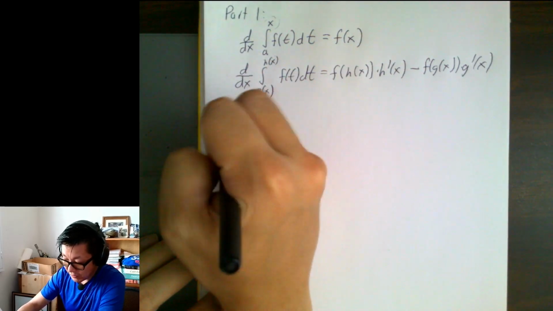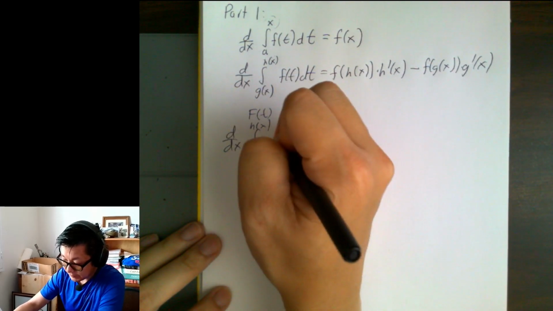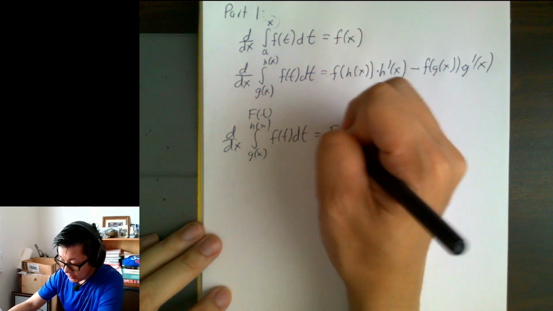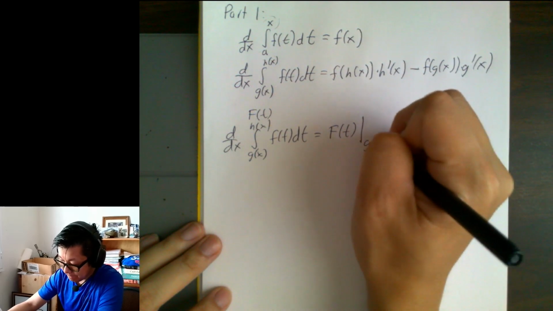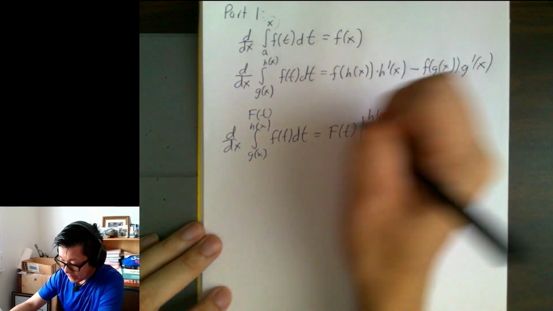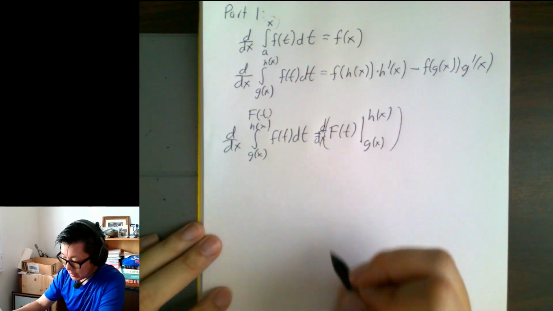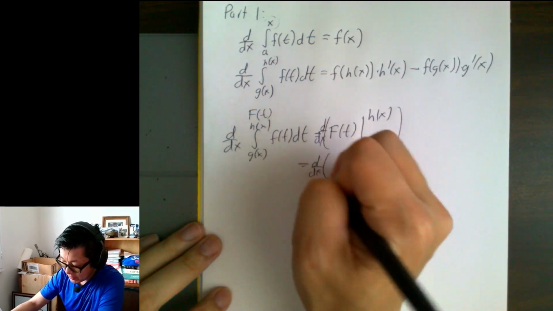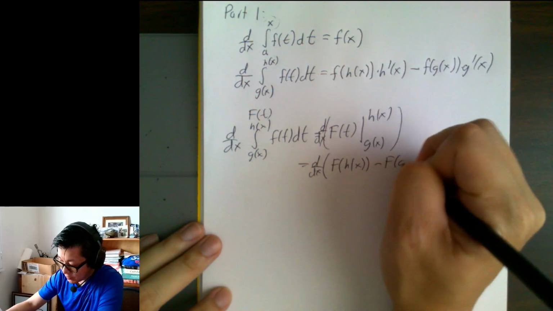So the derivative of this integral gives me the antiderivative. I still have a derivative on the outside. So I plug in the top bound, minus plug in the bottom bound.